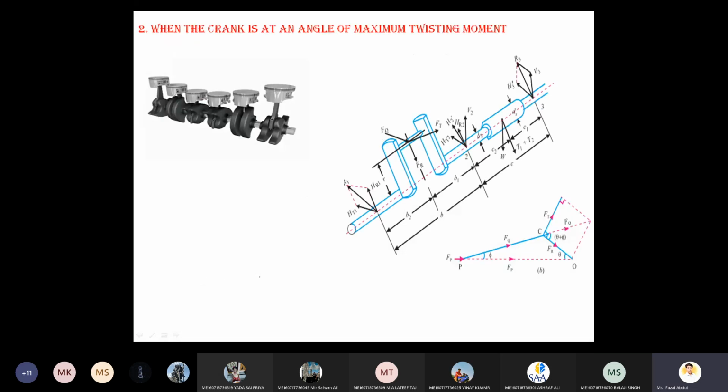Now this is the second consideration, when the crank is at an angle of maximum twisting moment. The twisting moment on the crankshaft will be maximum when the tangential force acting on the crankshaft, Ft, is maximum. Where is Ft here? See here, Ft should be maximum.